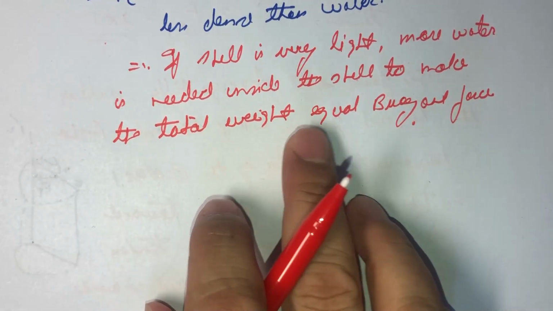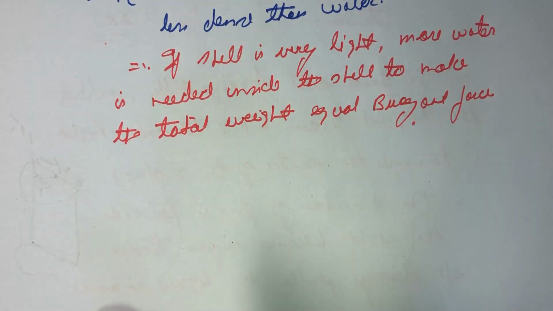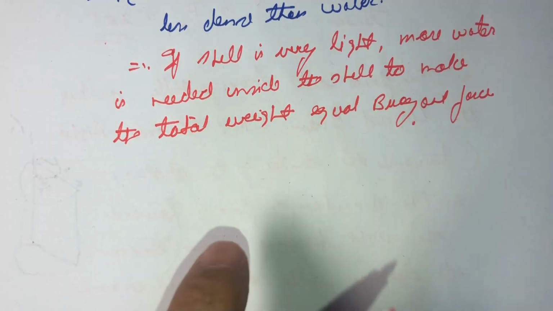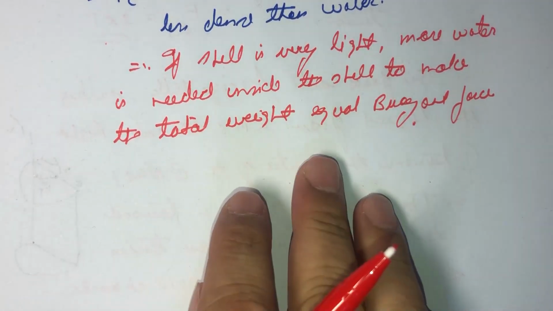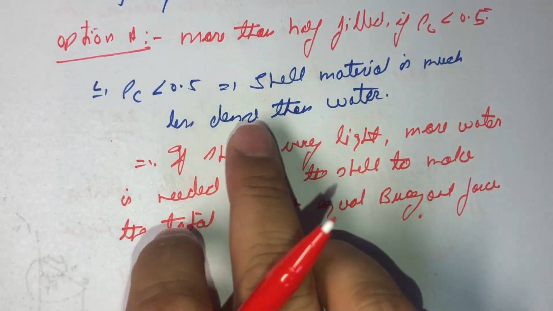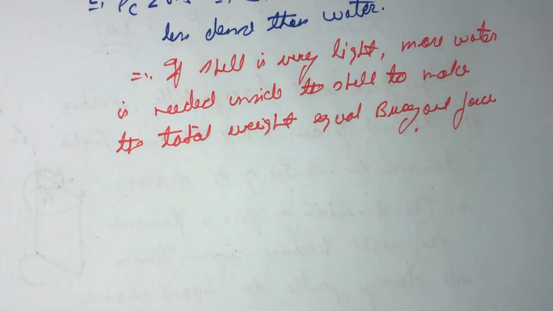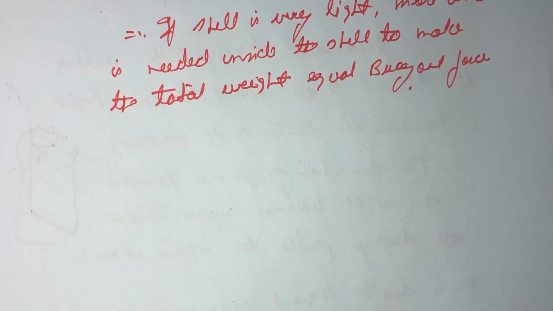So this is based on the second key concept, that it should be in vertical equilibrium, and that is only possible when the total weight is equal to the buoyant force. So as the shell material is much less dense than the water, more water is required inside the shell.